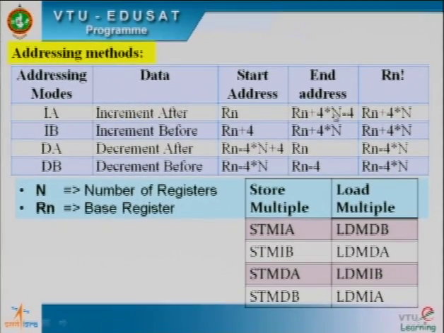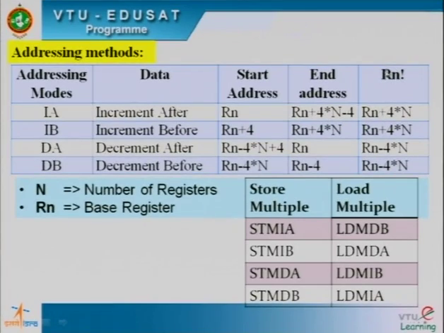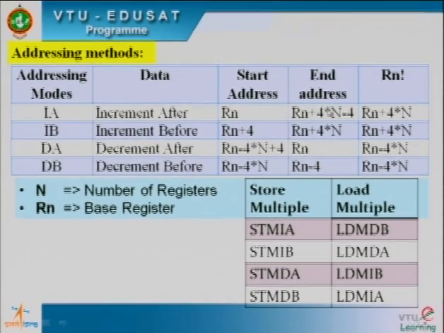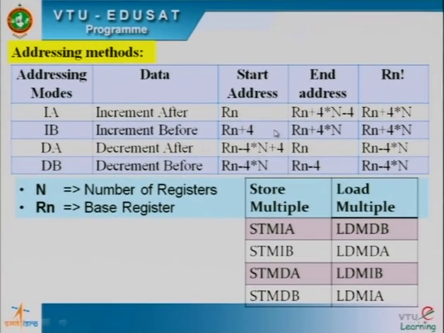One thing that we have to observe at the end is that the final value of Rn is Rn plus 4 multiplied by n. We will see this again with the example, where the meaning of this will be more clear. But just for understanding, what is the starting address and what is the end address, let's look at the table with 2 or 3 more examples.